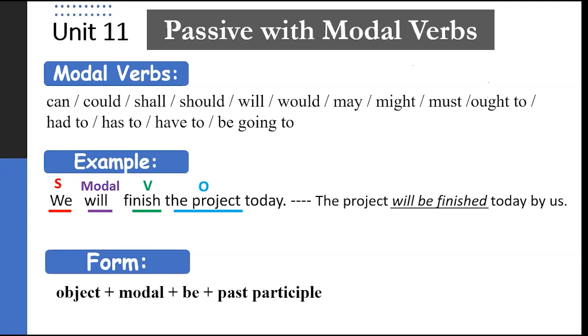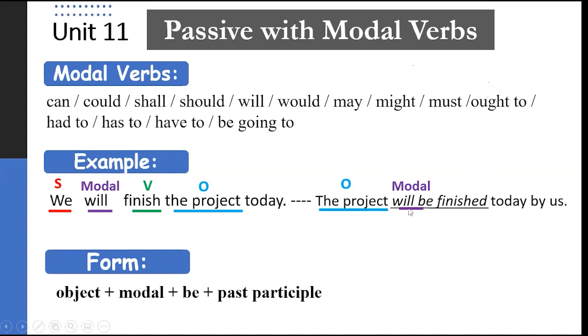If I want to change this sentence, it's a normal sentence, to passive voice, we have to follow this form or this order. The first thing we begin with is the object. Okay, the object is the project. This is the first thing I write when I change the sentence to passive. The object goes first, then the modal verb comes next. I have will, so will comes next. After the modal verb it says I must put be, so I add be after the modal verb.